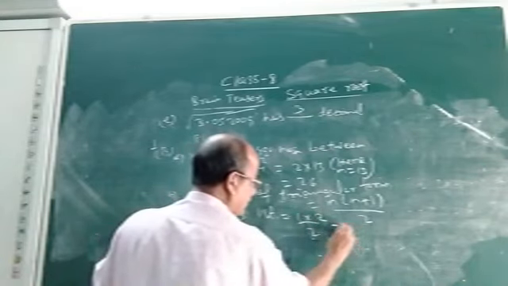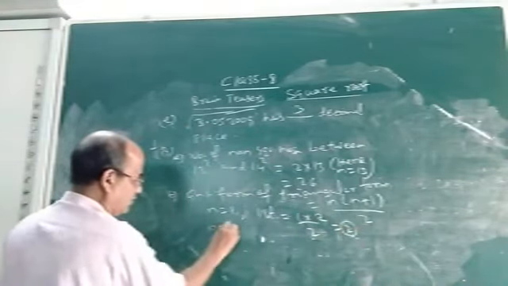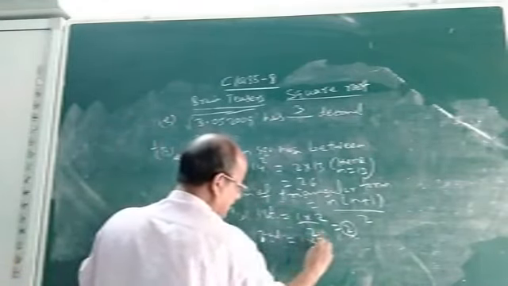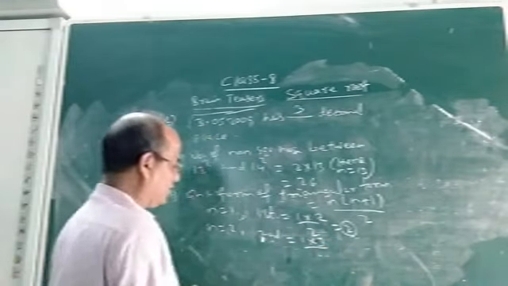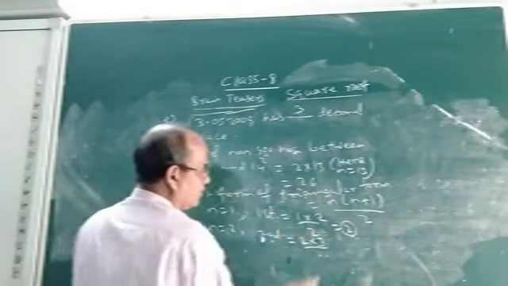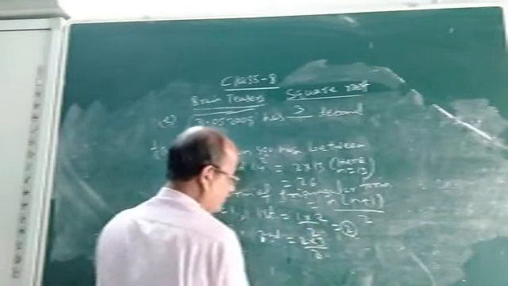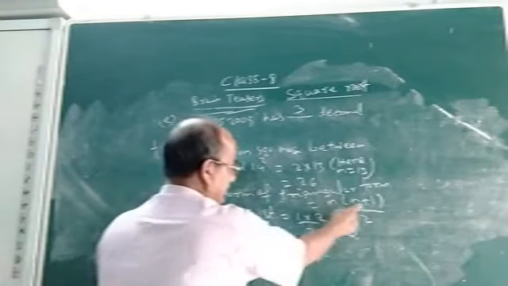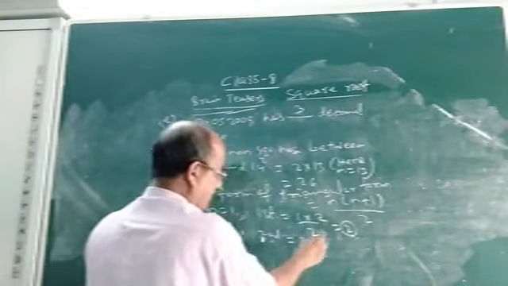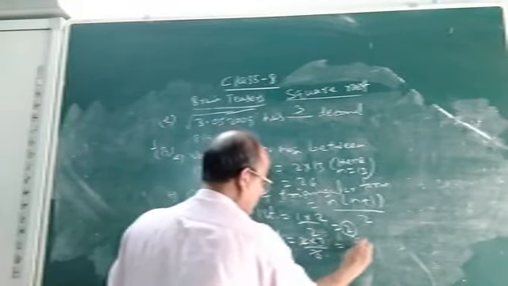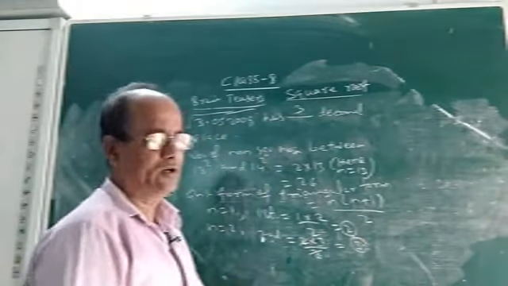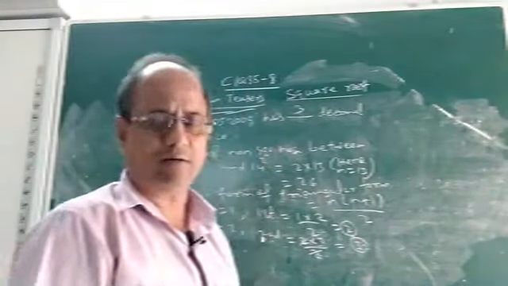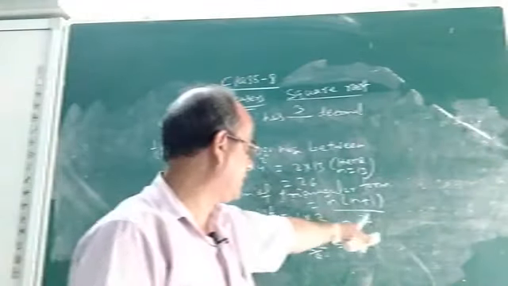For n equal to 2, it is 2 into 2 plus 1, 3 by 2. N is 2, n plus 1 is 3, divided by 2. So you can find what the triangular numbers are, provided you remember this formula.